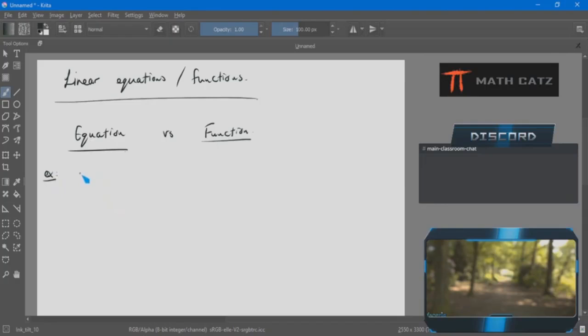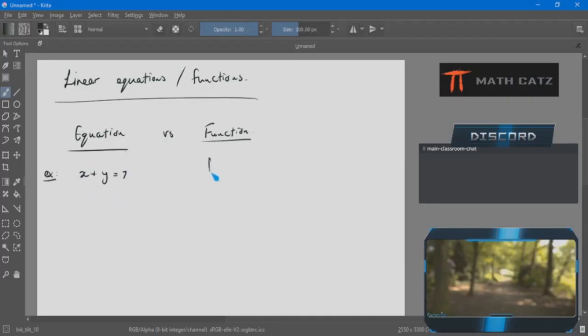There could be an equation like x plus y equals 7. That gives me information about how two variables are related to each other. And they're sort of on equal footing if I view it on the equation side.